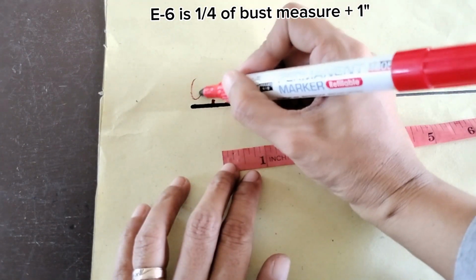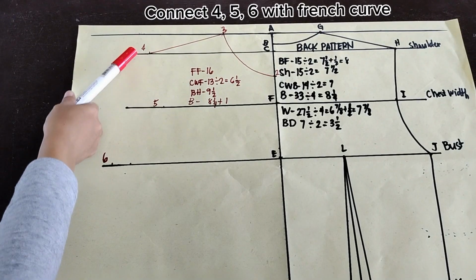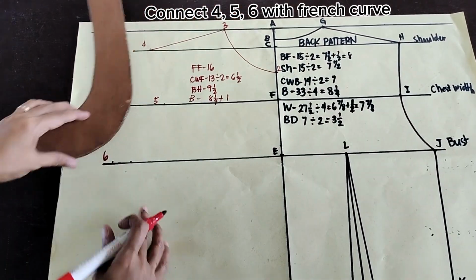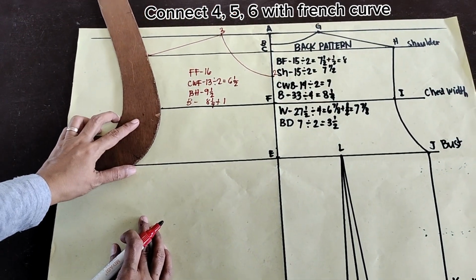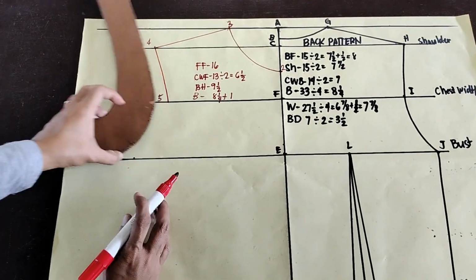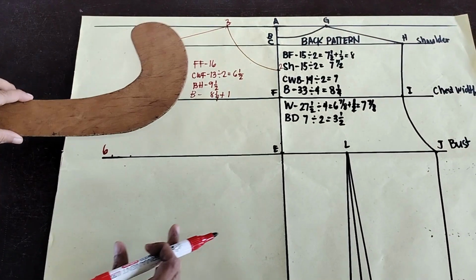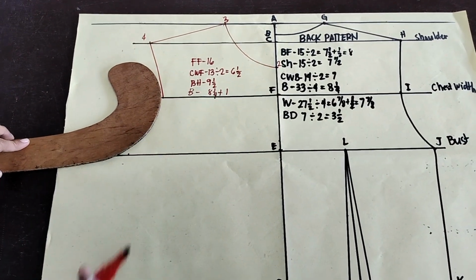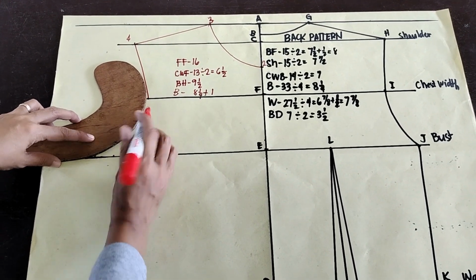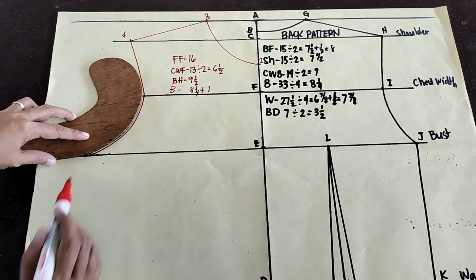And this is point 6. Connect point 4, 5, and 6 with French curve. Connect first points 4 and 5 with this French curve. Then turn the French curve this way. Then connect points 5 and 6. And now this is the front armhole.